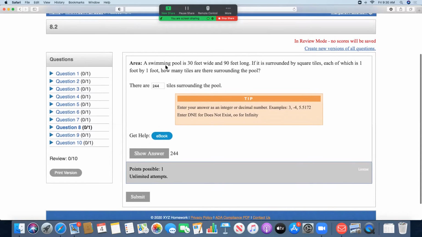But in word problems like this, the key ingredient is the part where the question mark is. So when you're trying to sort out what has to happen, look for the question mark. Sometimes there's a couple of sentences, but look for it. And here's what it said. How many tiles do you need to surround the pool?